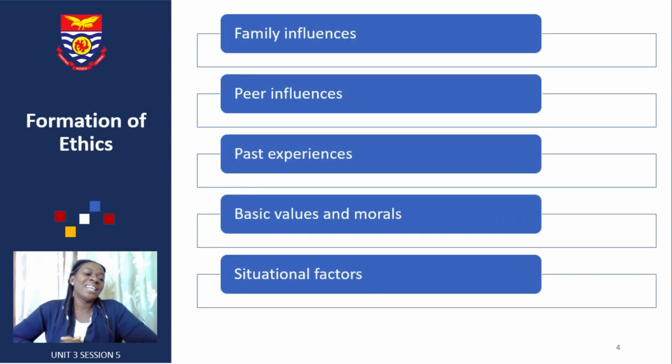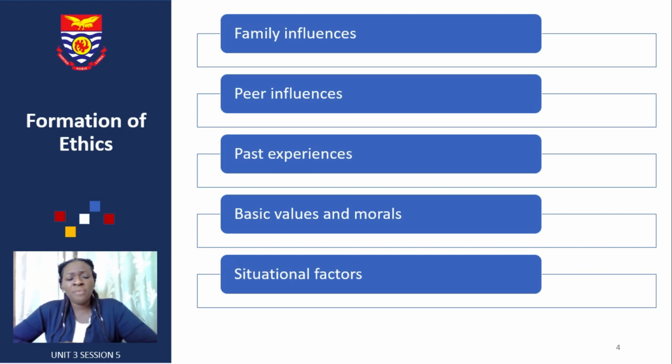There are some things that help individuals form their ethics. The formation of ethics usually starts from family influences. Some of us come from families noted for nobility, and we are very courteous and upright in society.